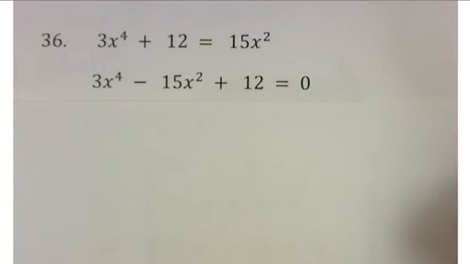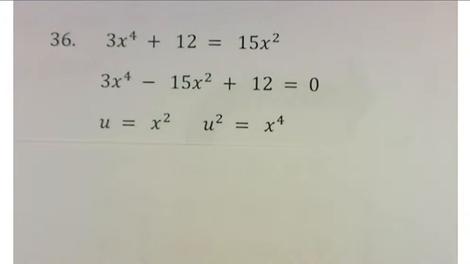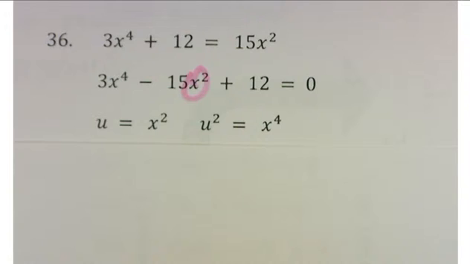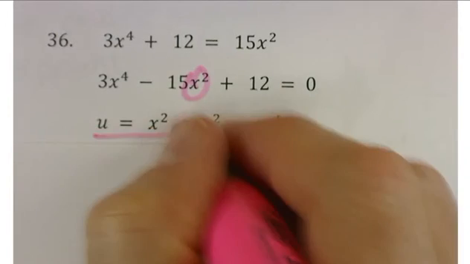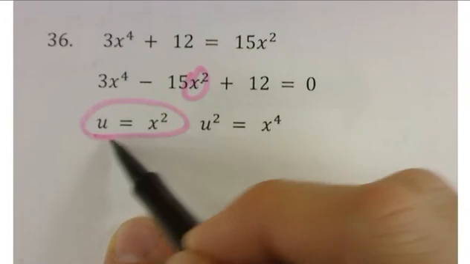Now, our trick here in solving this is we're going to make a little substitution. We're going to let u equal the middle variable term. Just that little piece, just the x squared. Nothing with the 15, nothing with the coefficient. It's just the x squared. So right here. Now what I'm going to do then is I can replace this by u.